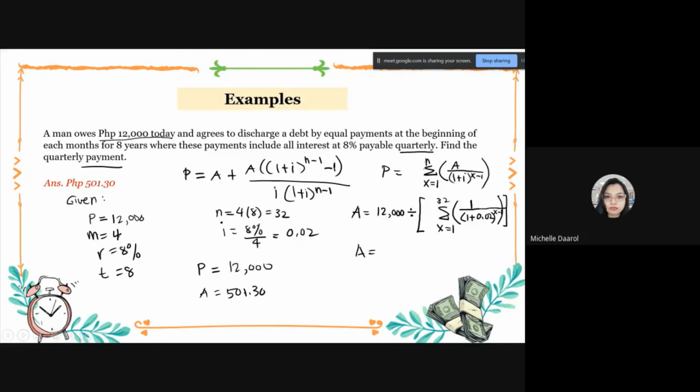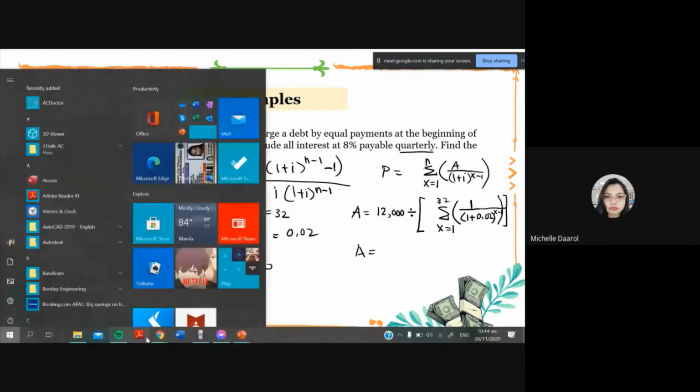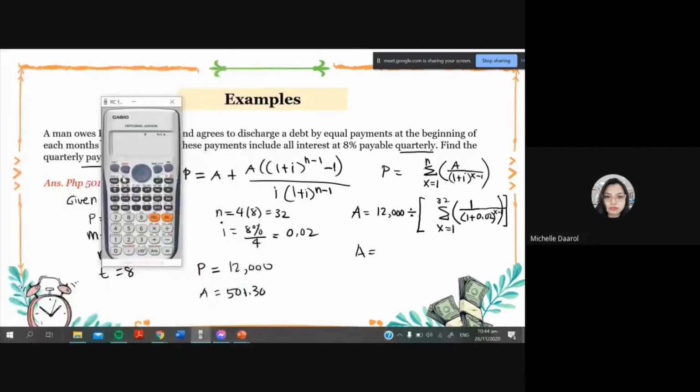So, i-solve nato ang summation. So, 1 over 1 plus 0.02 raised to x minus 1, then when x is 1, then n is 32.